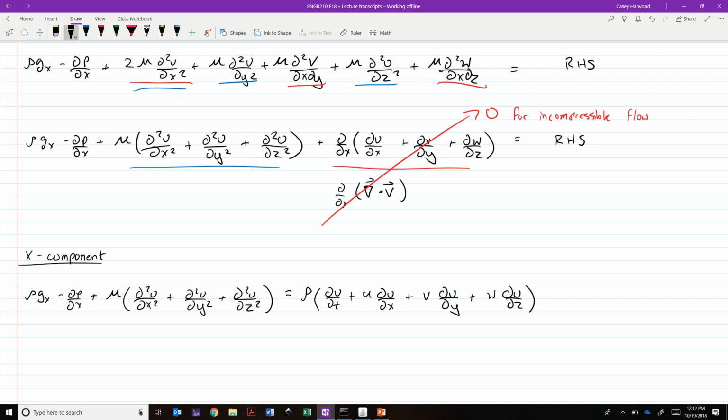Okay, so for the x direction, again, this is simply F equals ma. This is the same acceleration term we've been working with. Hopefully we're comfortable with that. And now we've got our body force, the force due to gravity, and we've got our surface forces due to pressure, and now the shear stresses.